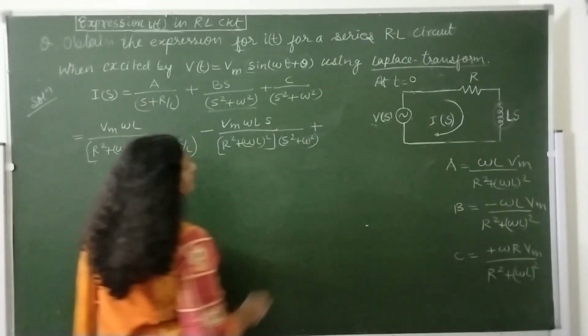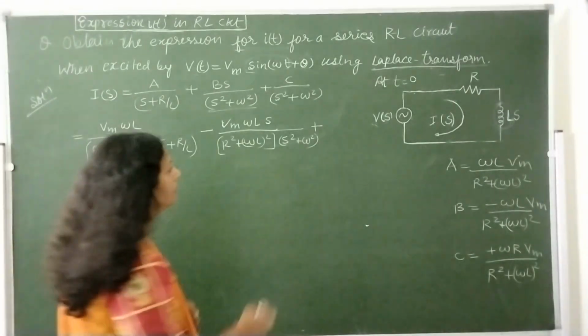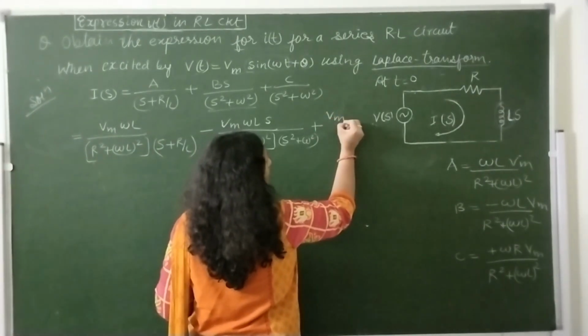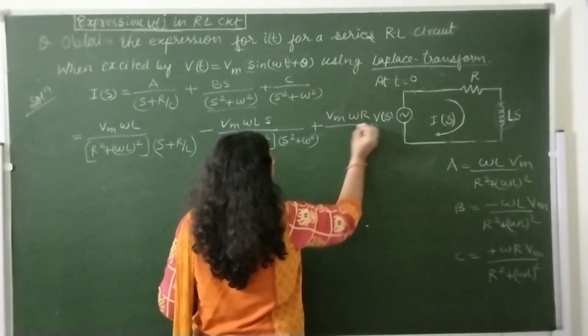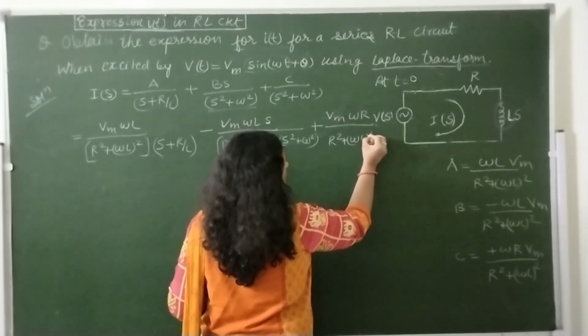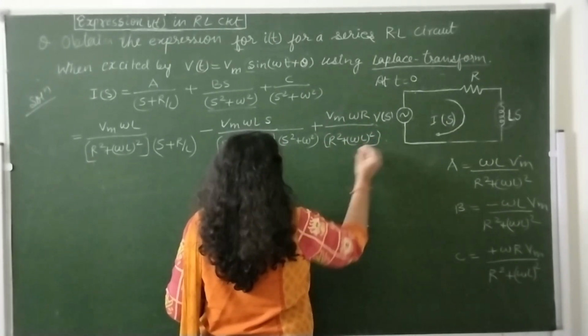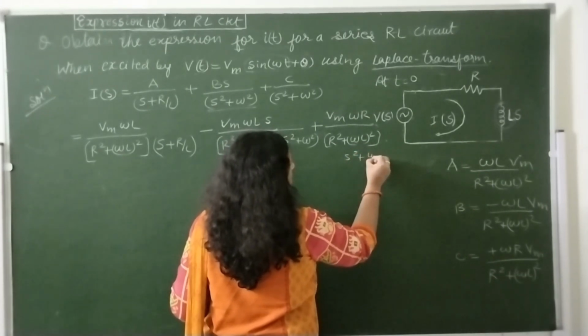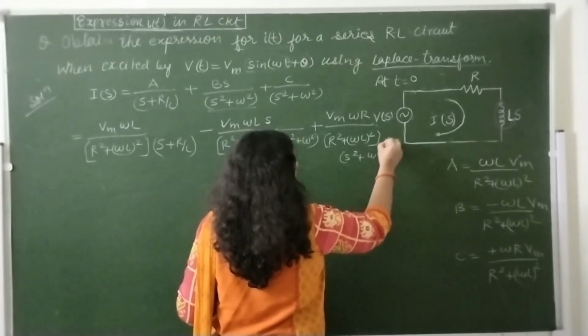Now the third term is for C, that is Vm omega R divided by R square plus omega L whole square, multiplied by s square plus omega square.